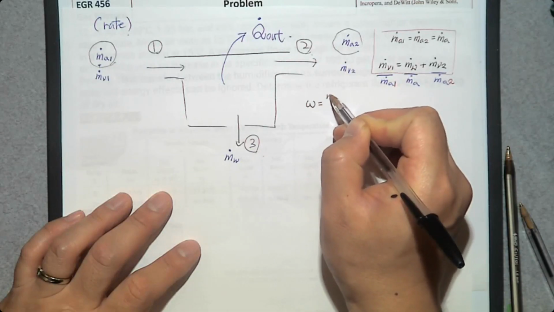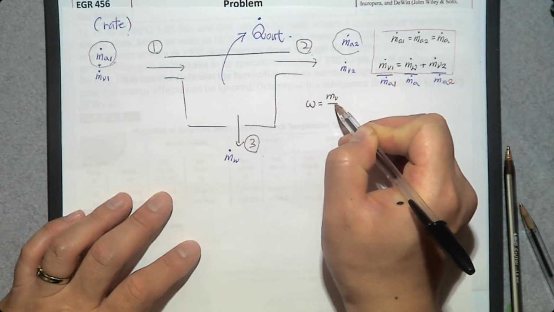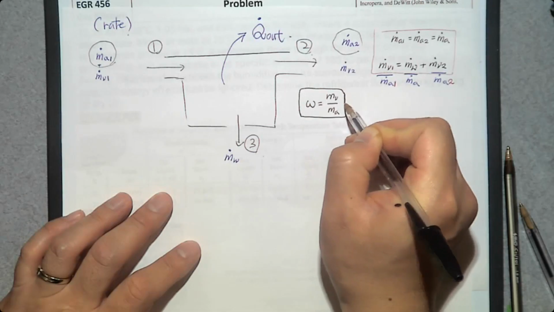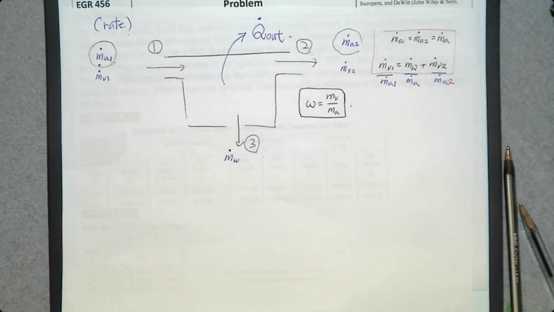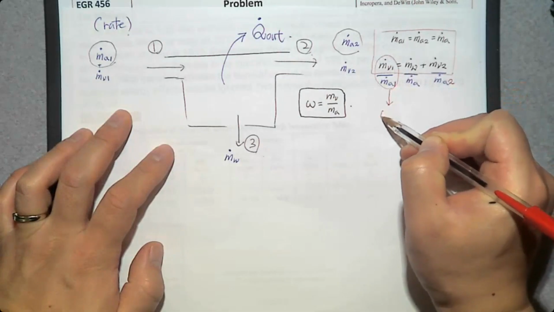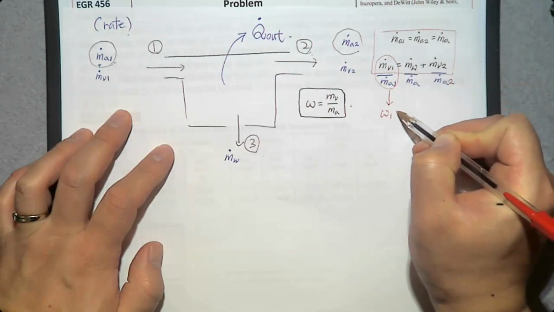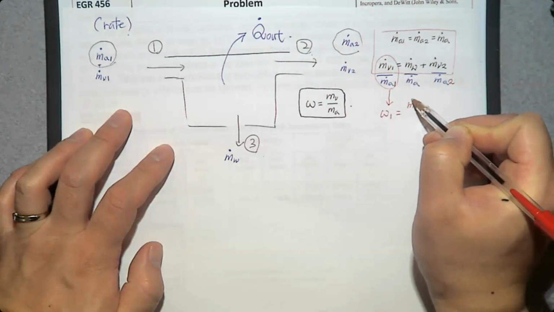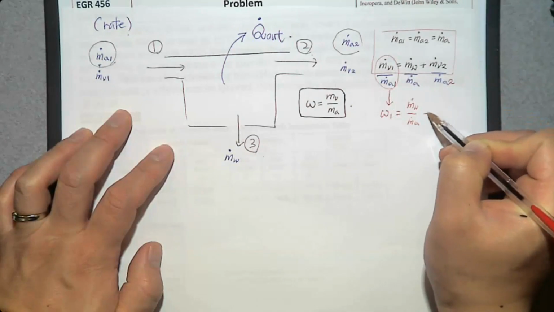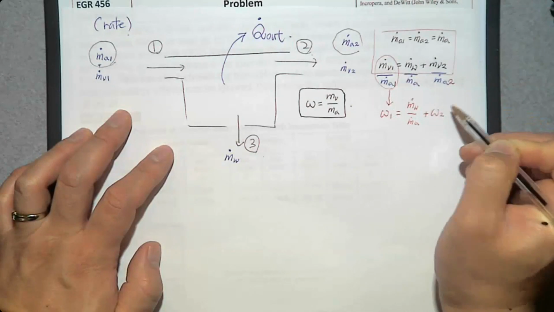Omega is m of V divided by m of A. Then the left-hand side of this equation is going to be omega at the inlet number 1, which is m dot of W divided by m dot of A, plus omega 2.